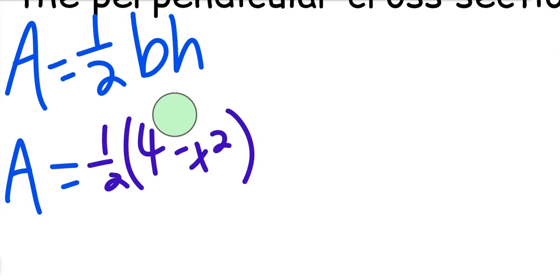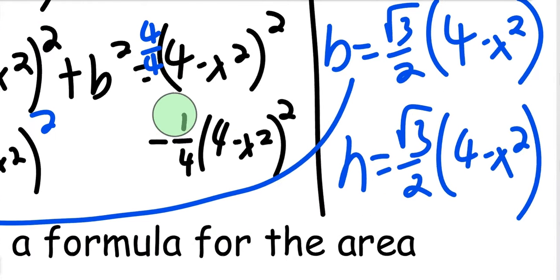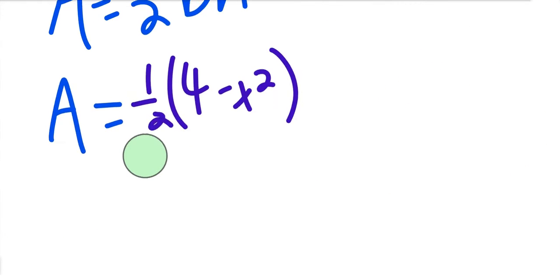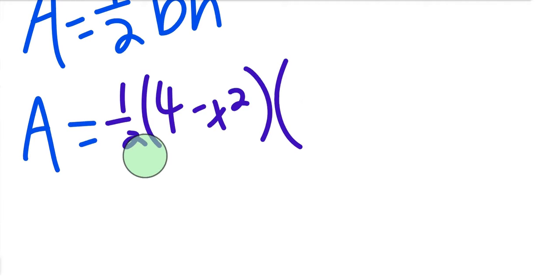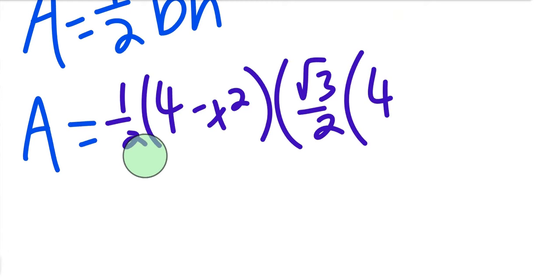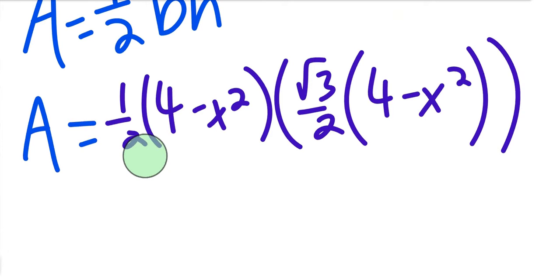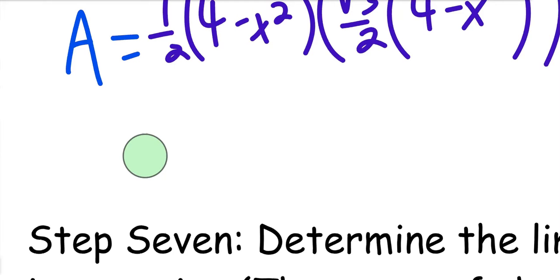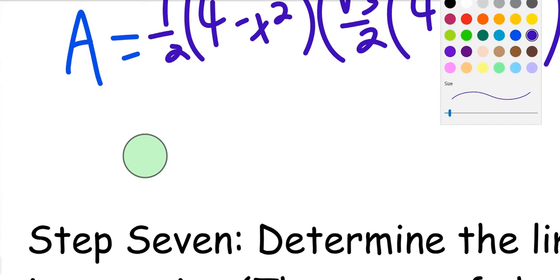And then the height that we just figured out is the square root of 3 over 2 times (4 minus x squared). Okay, now this can be simplified a little bit, and because of that, I'm just going to go ahead and simplify it.